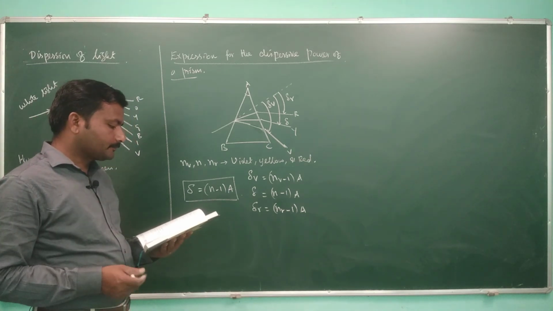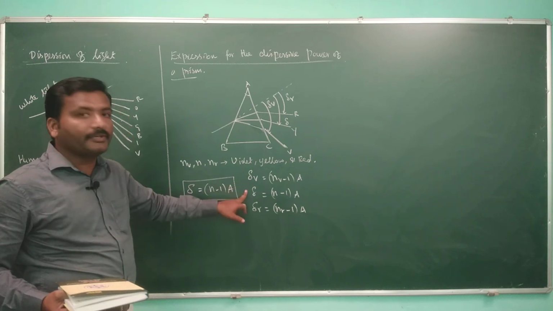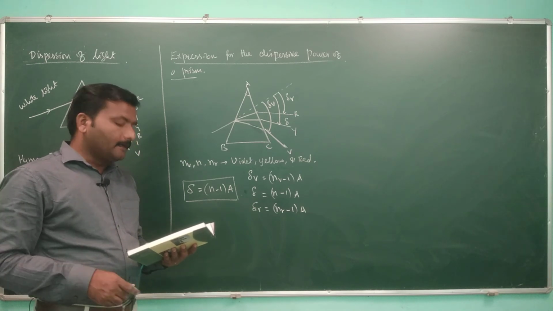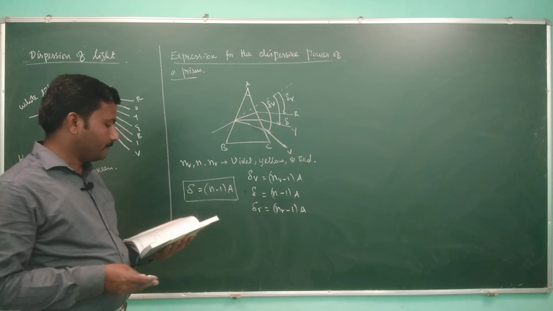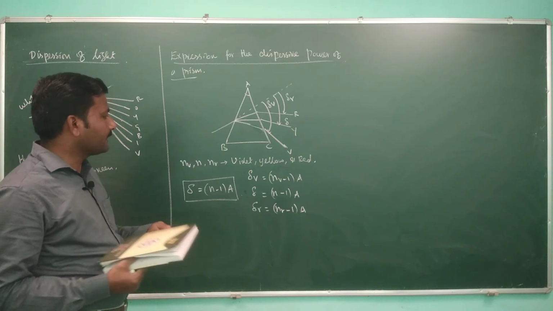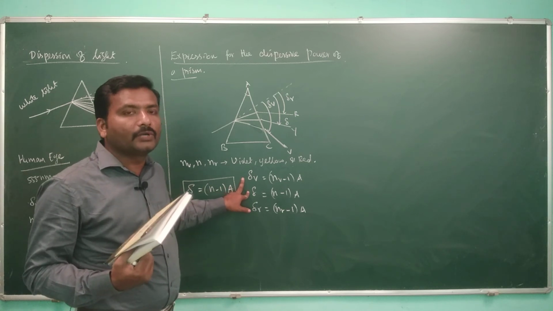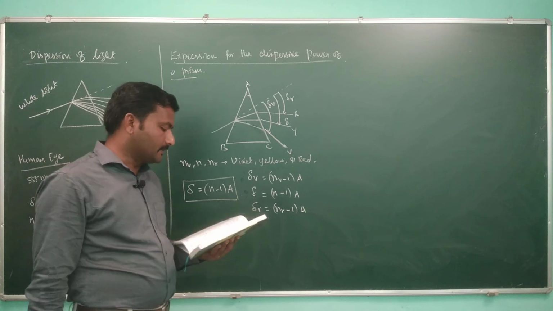Now, the difference in angle of deviations of any 2 colors is said to be the angular dispersion between the 2 colors. Let me repeat again: the difference between the angles of deviation of any 2 colors is said to be the angular dispersion of these 2 colors.